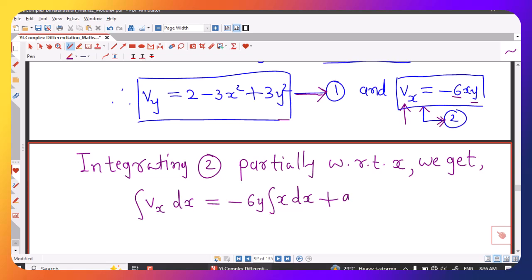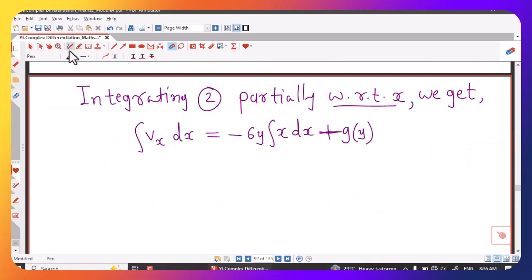So instead of writing an arbitrary constant, we will write an arbitrary function of y, because we are integrating partially with respect to x. Therefore y is considered as constant. So whatever terms are there which include constants and y only, they will be treated as constant. So instead of writing arbitrary constant c, we are writing an arbitrary function of y.